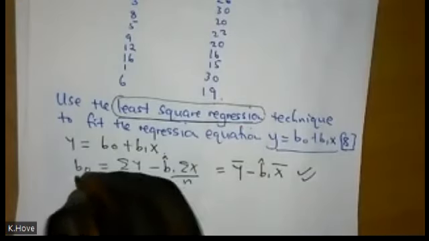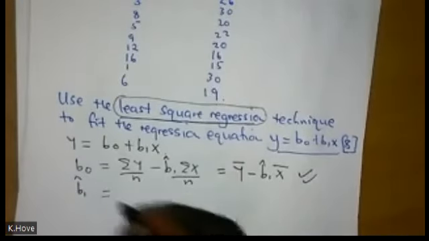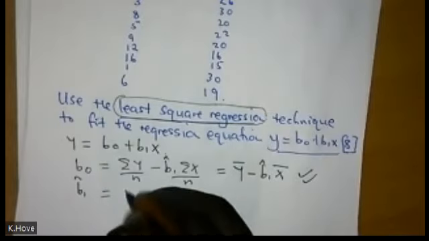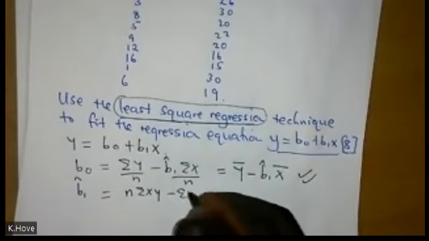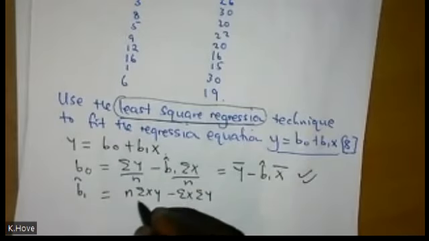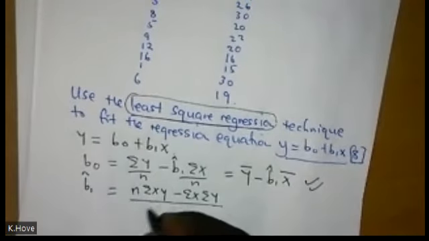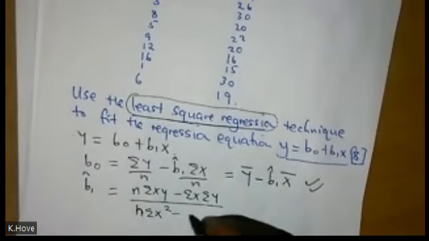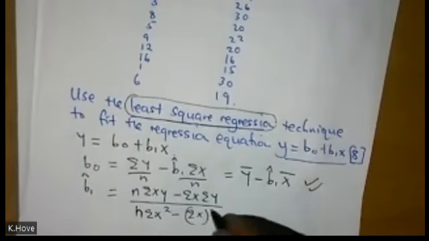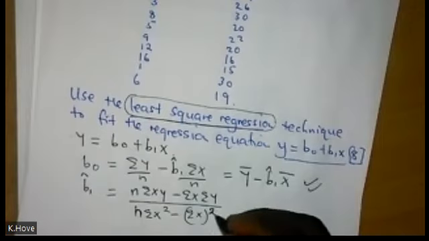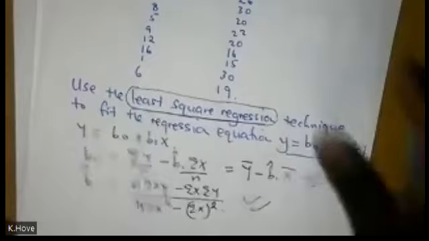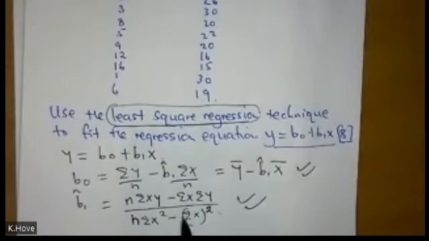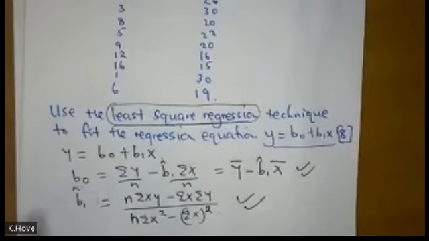But what is beta 1 hat? Beta 1 hat is equal to n, the summation of xy minus summation of x times summation of y, divided by n, the summation of x squared minus summation of x, all this squared. Again, this formula is provided. What I want you to take note of is that, first of all, you need to find beta 1.